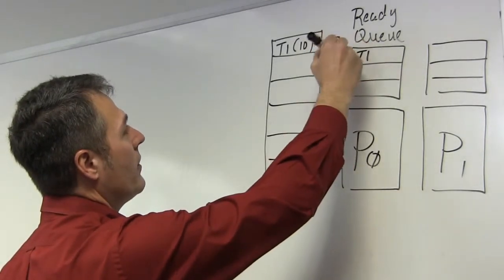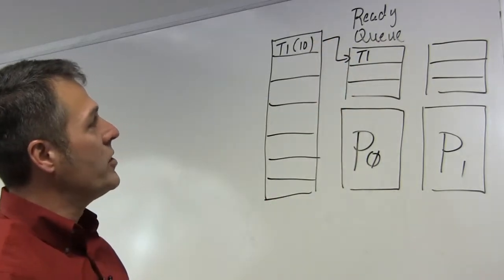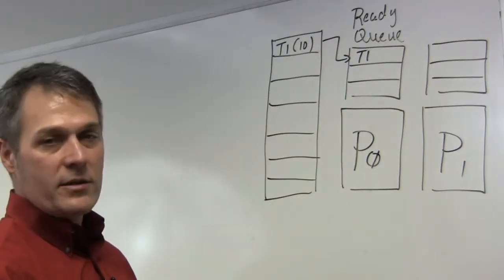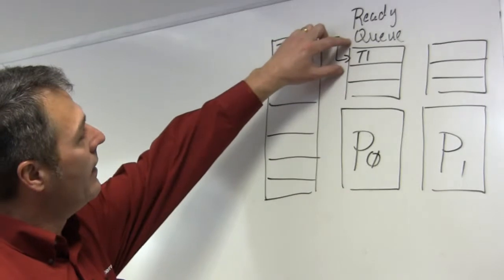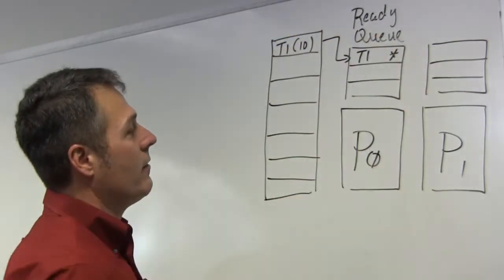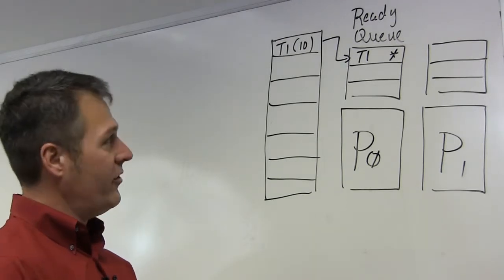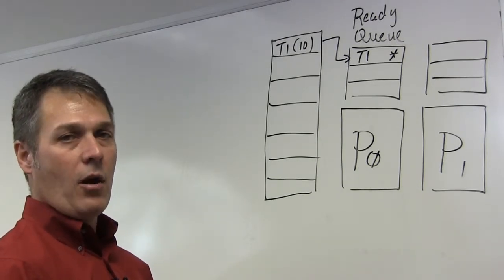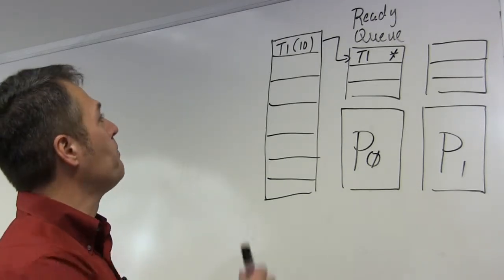So thread 1 gets started on processor 0, which means that the processor's ready queue now has a listing for the first thread. Once that thread is activated, it runs essentially forever because it's the only thread on processor 0 at this time.